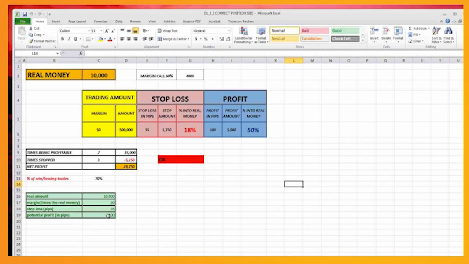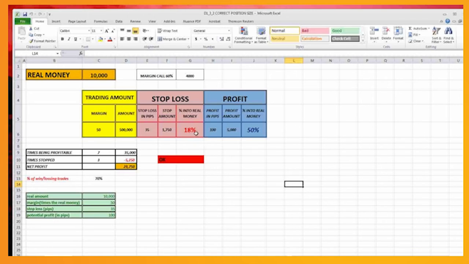In this case, if you margin it 50 times and you hit a stop loss of 35 pips, it's going to be $1,750, which represents 18% of your real money. I think this is not that logical, because with 5 losing trades you can destroy your account.